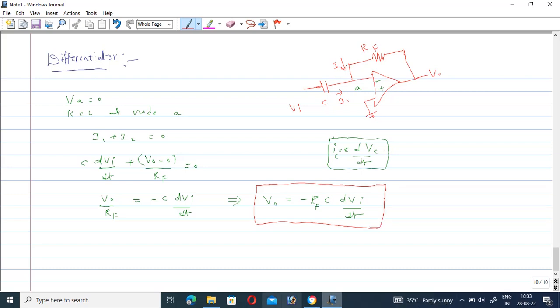Now let us see the gain of the differentiator.